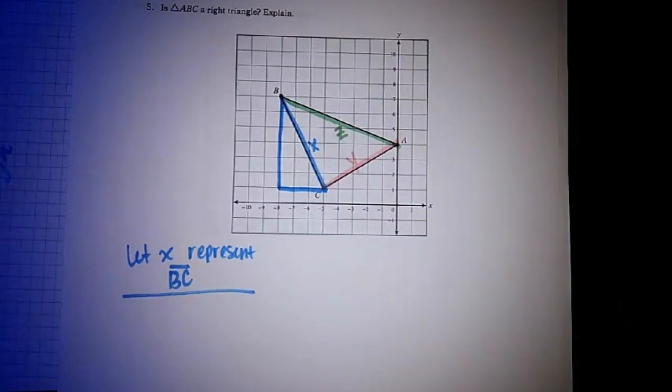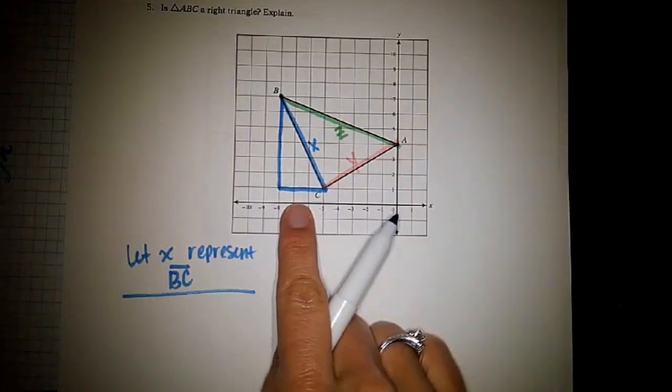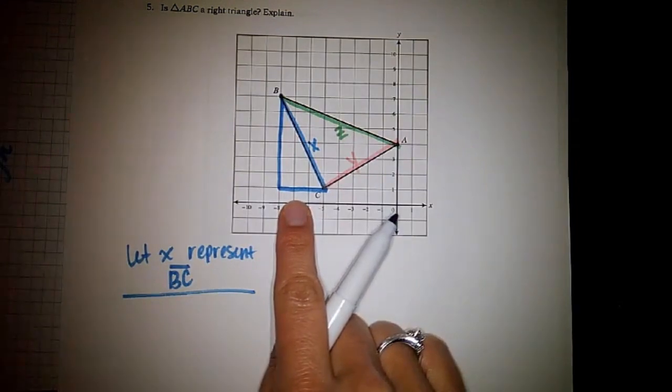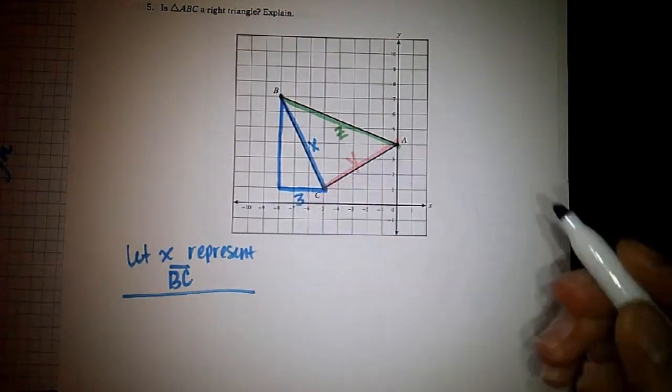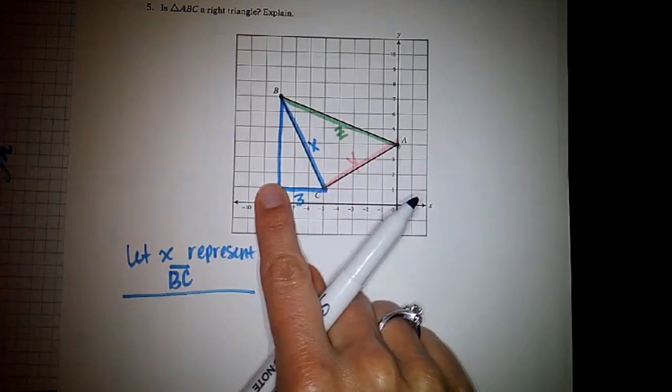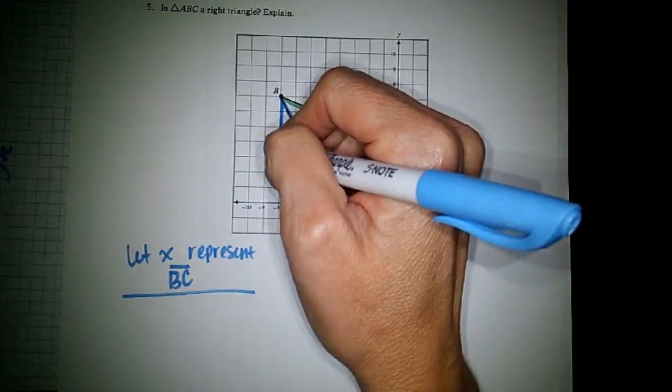So we're going to do exactly what we did on the last problem. We're going to design our right triangle. What side length is this one? 3 units. And what about this one? 6 units.